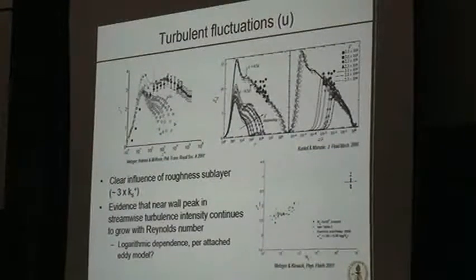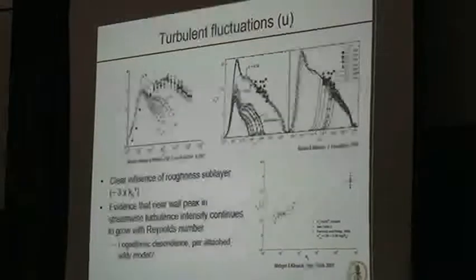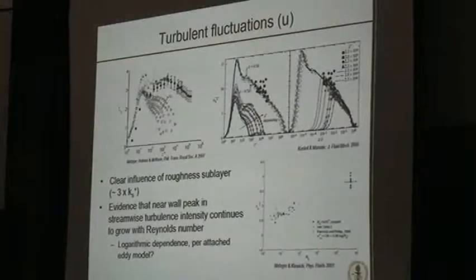If you look at the Kunkel and Marusik results, they've got it in inner and in outer scaling, so using an estimate of the delta for the surface layer. They also show laboratory data, so Re tau increasing here. These dashed lines are a prediction from something called the attached eddy hypothesis.